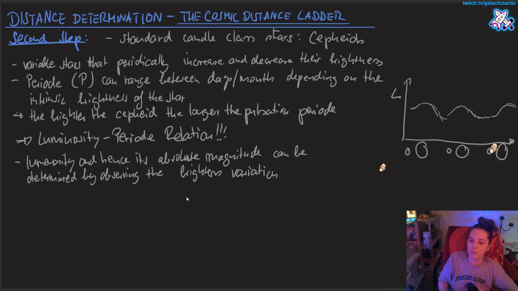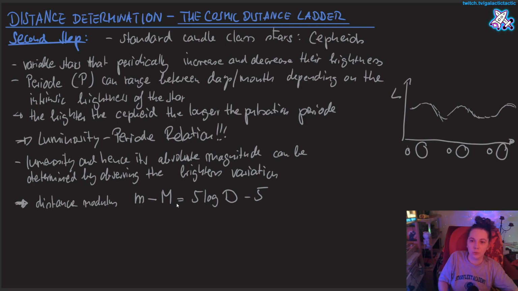And then you use the distance modulus, where this is the apparent magnitude, small m. Remember that? Absolute magnitude, big M, and then the distance d, this is minus 5.